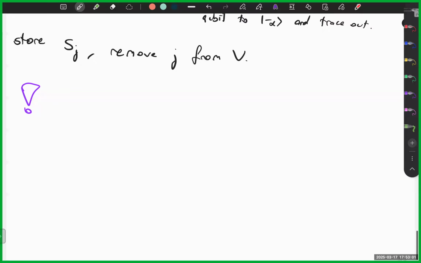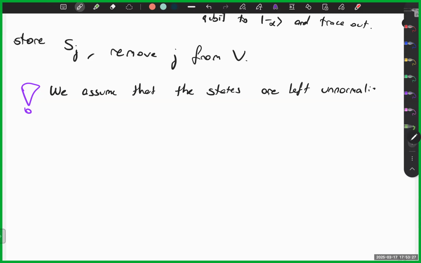Also, in the usual quantum computation, we assume that we normalize the states after we make measurements. But here we assume that the states are left unnormalized after measurements.